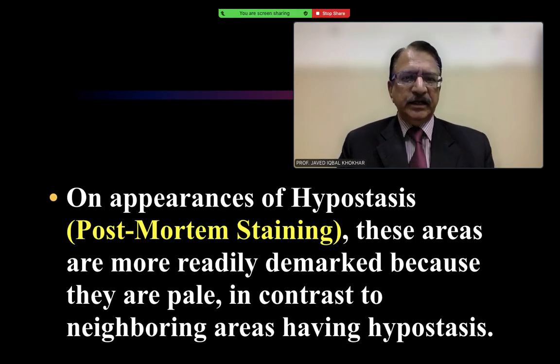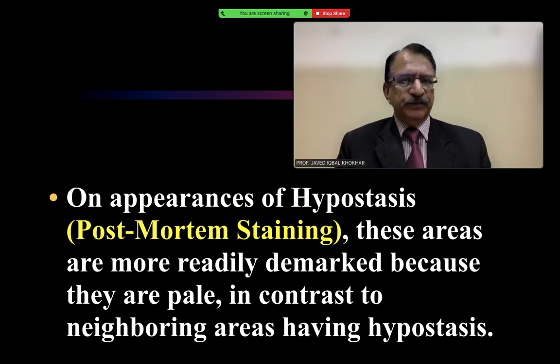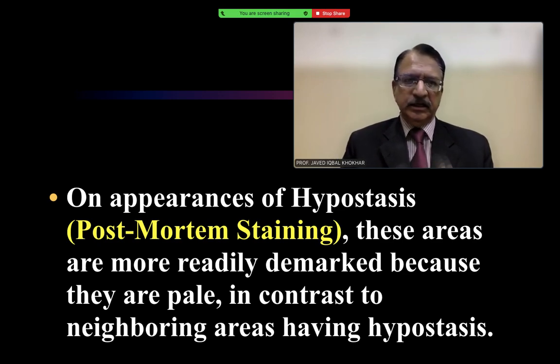It can easily be appreciated when the postmortem staining develops, because in the areas of contact flattening, because of the weight, the blood does not flow into those areas, and in between the areas of contact, the postmortem staining will be well evident.